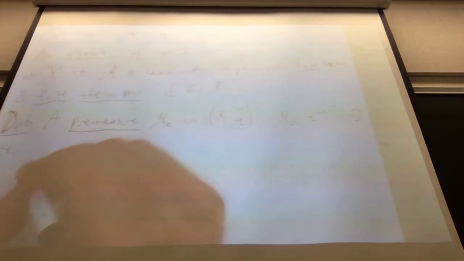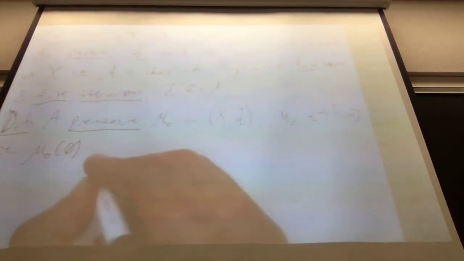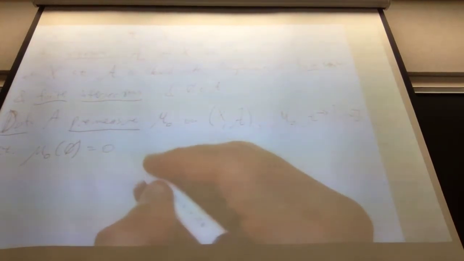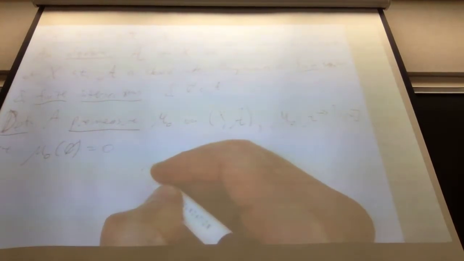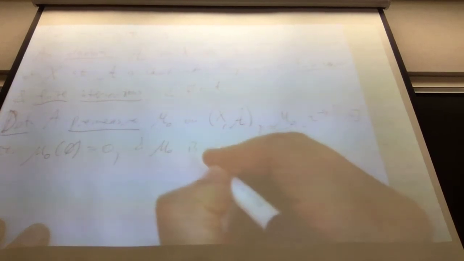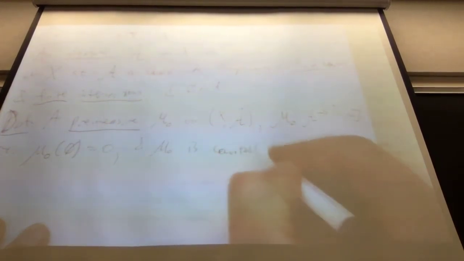Yes. Okay, a premeasure is a function from A to 0 to infinity, such that I had better give the empty set a premeasure 0. I want it to be countably additive. And mu 0 is countably additive.